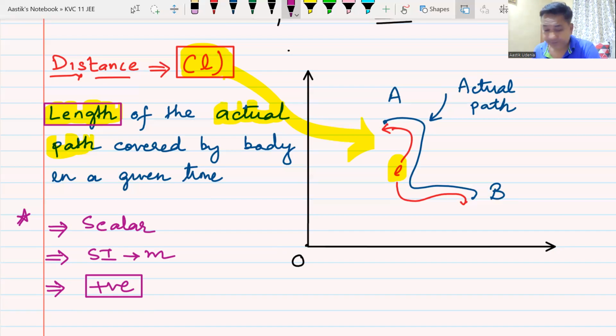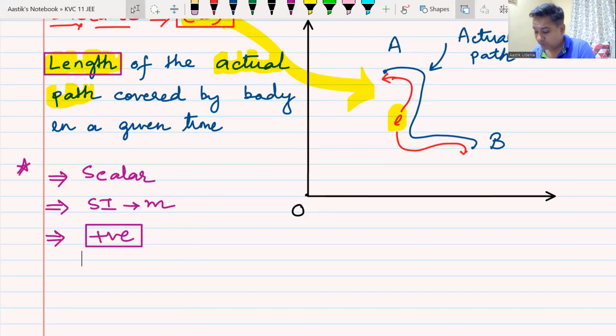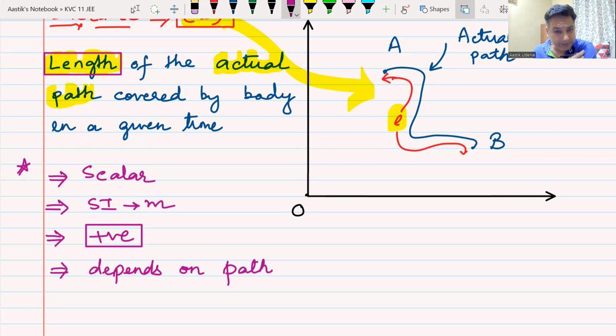Do you understand this? Once you understand the definition, everything follows. It is the length of the actual path, therefore it depends on the path. If you go in one path, the distance would be different.